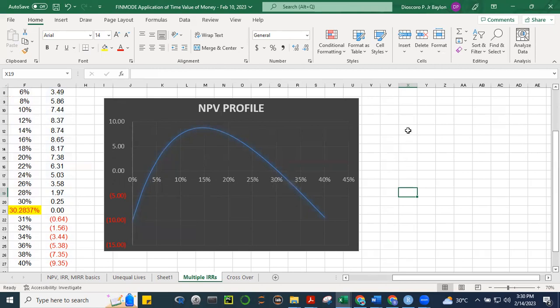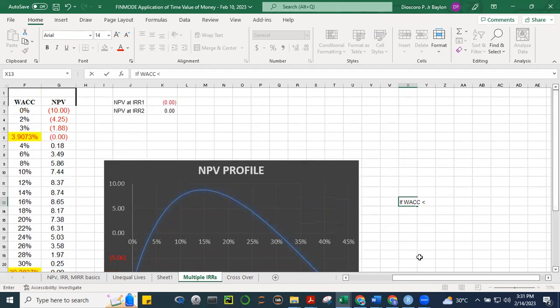So what's our conclusion? If the weighted average cost of capital is less than, approximate na natin, 3.90, 3.91 na lang, round off na lang, then reject project.